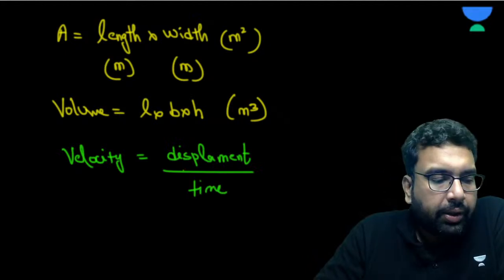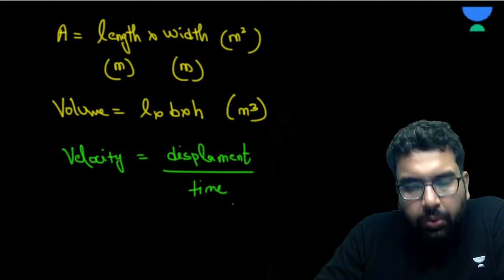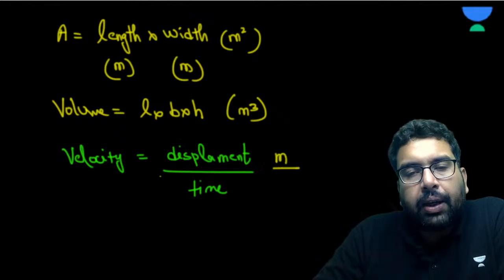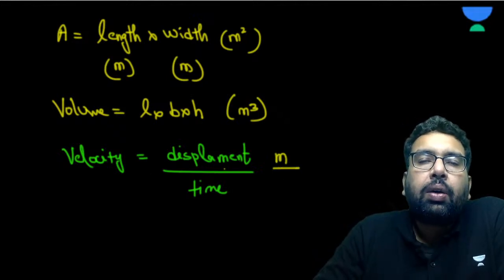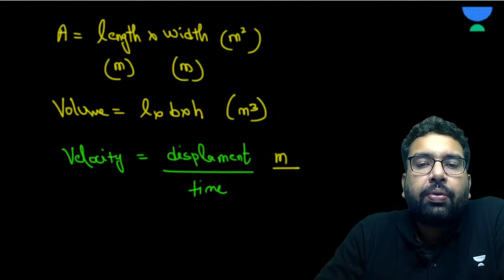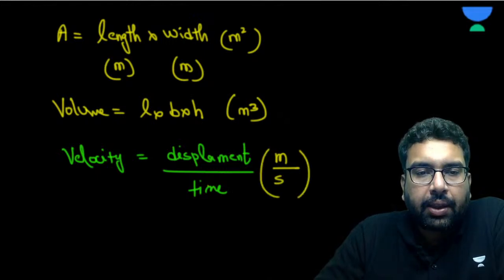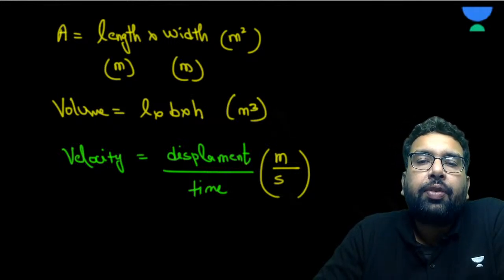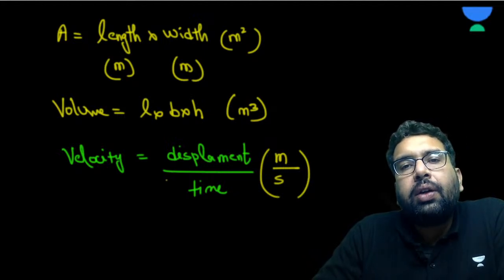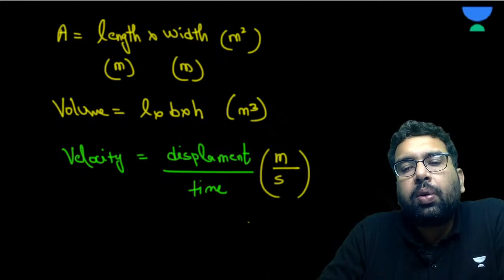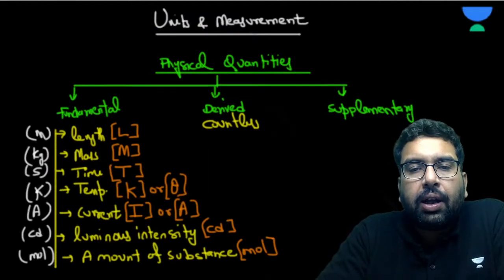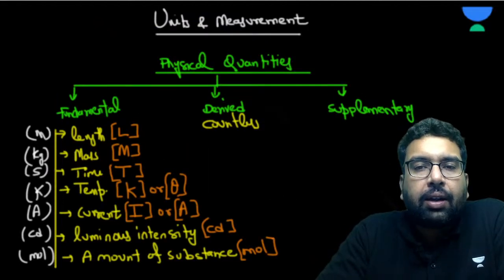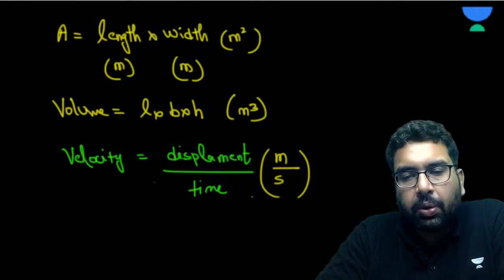Displacement denotes a length, and time is the fundamental quantity, second. So it is meter per second. In velocity also you are using more than one fundamental quantity. Any quantity which consists of more than one fundamental quantity, or a fundamental quantity used more than once, is what we know as the derived quantity, and these are countless. The whole physics is made up of these only.